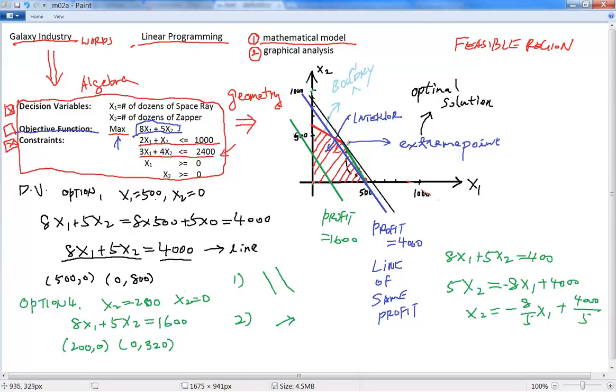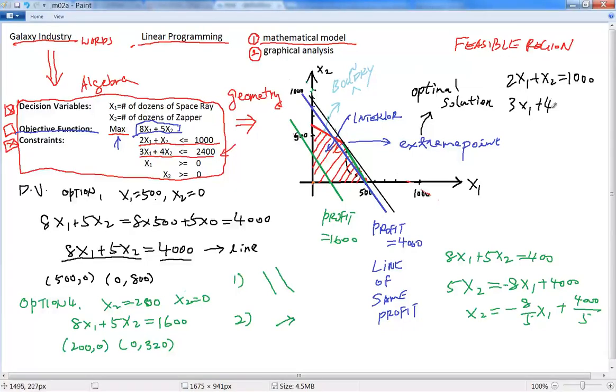So in order to find this optimal solution, we just need to find the coordinates that are defined by the intersection of these two lines. You can do this by setting up the so-called system of equations. The 2x1 plus x2 equal to 1,000 corresponds to this line, the green one.